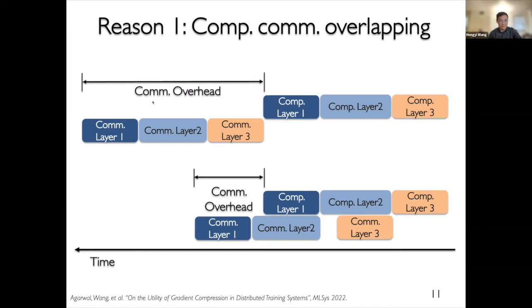Once we compute the gradient of the last layer, we can immediately start the communication of the gradient of that layer. It turns out in practice that the overlap is implemented into the API, say PyTorch DDP. So if we just conduct that, the communication overhead is largely reduced, such that the space for gradient compression to work on becomes much smaller.